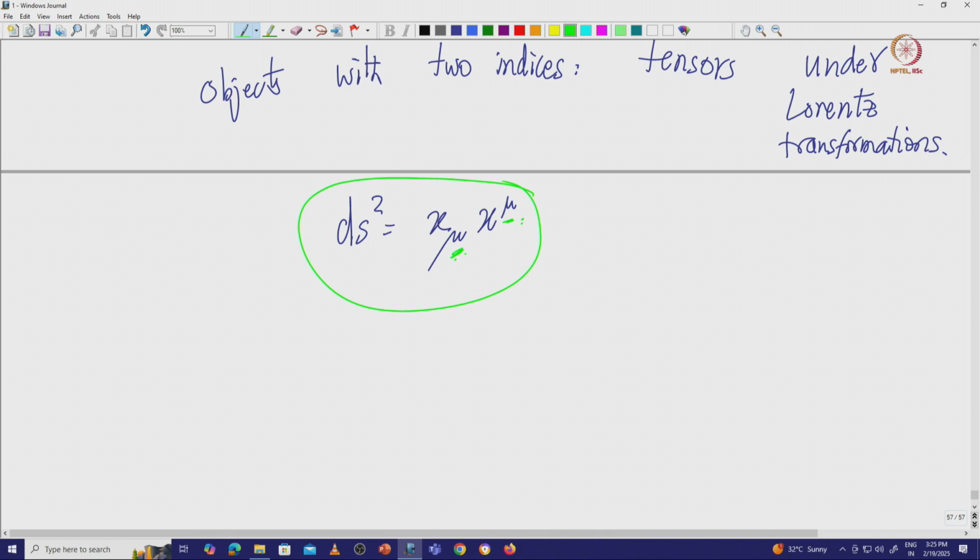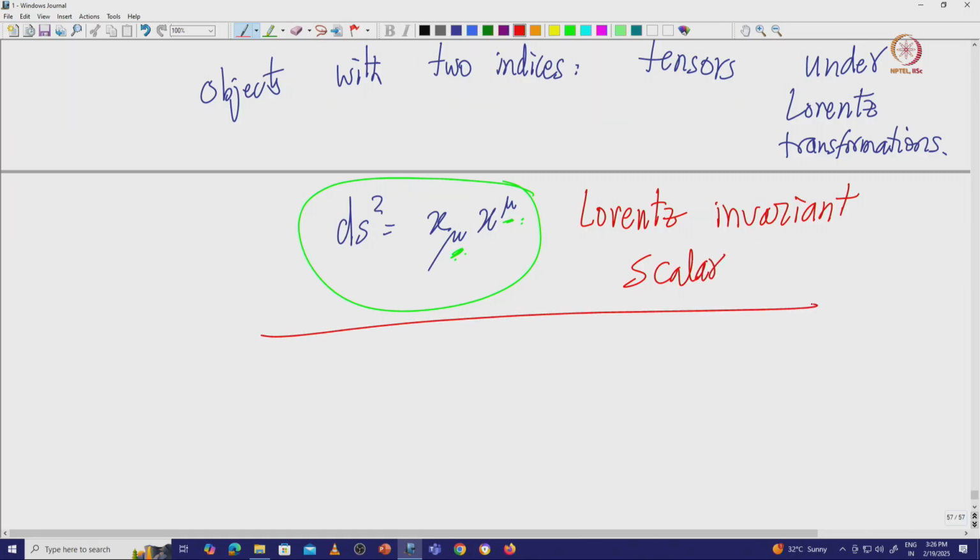This is a Lorentz invariant scalar. Such an object is called a Lorentz invariant scalar. In all frames of reference the scalar is the same, so it is invariant under Lorentz transformations.